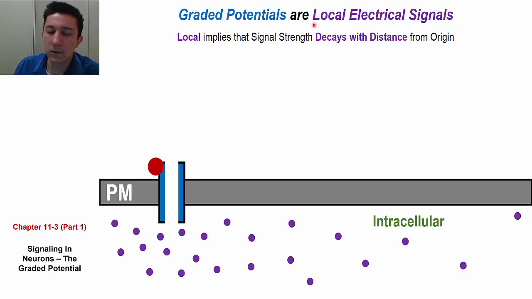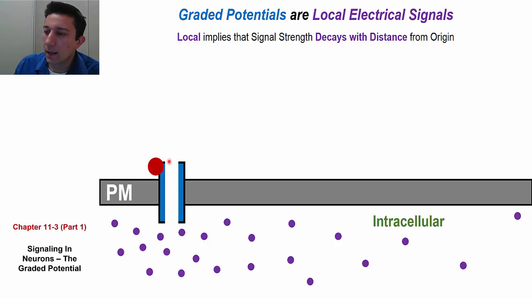These graded potentials are always local electrical signals, and local implies that the signal strength is going to get weaker as we move away from its point of origin. So to illustrate this example, we've got a little section of a plasma membrane. We've got some distance between our chemically gated channel here and a part of the membrane down here.